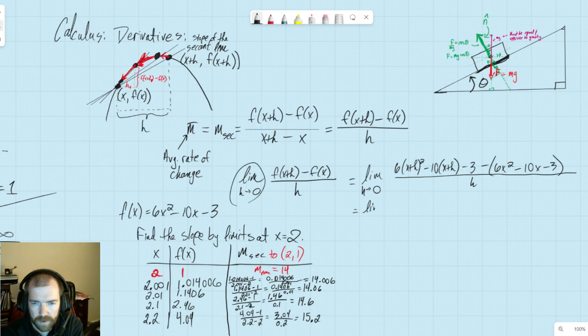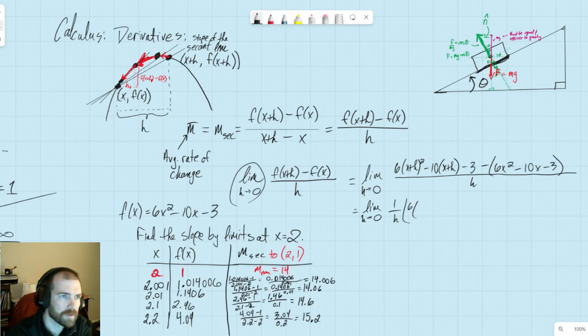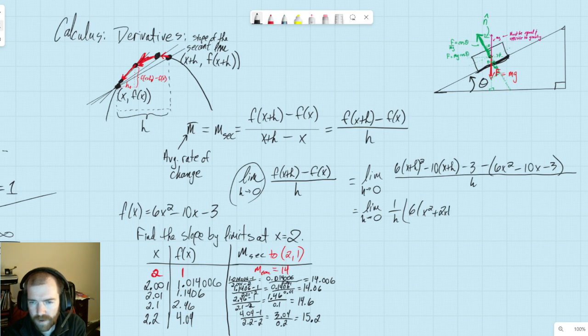It's going to be limit h goes to 0. I'm going to pull out 1 over h here, and then go further in here. So here we have 6 times the quantity x squared plus 2xh plus h squared minus 10x minus 10h minus 3 minus 6x squared plus 10x plus 3.